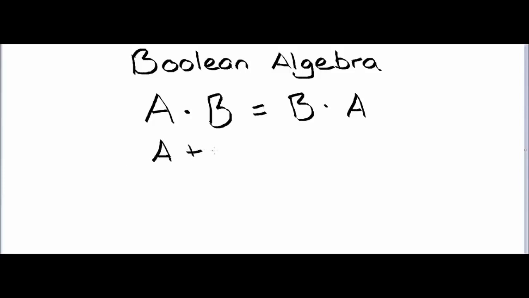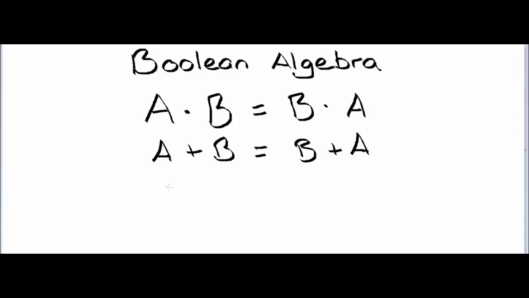Okay, there are more rules that we need to be aware of. So one of the rules is that A dot B always equals B dot A, and A plus B always equals B plus A. Now this is a fairly obvious one, even though initially it looks a little bit stupid.